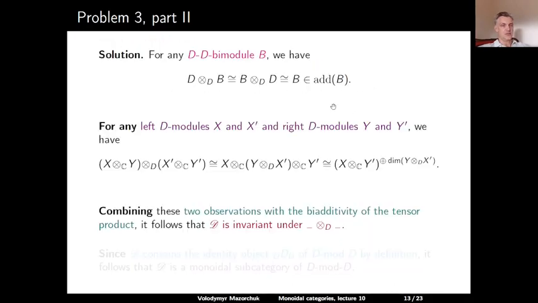Now we want to take a look at this formula when we tensor two bimodules of the form left module tensor right module. We keep the left part, the right part, and we have the multiplicity given by this vector space.